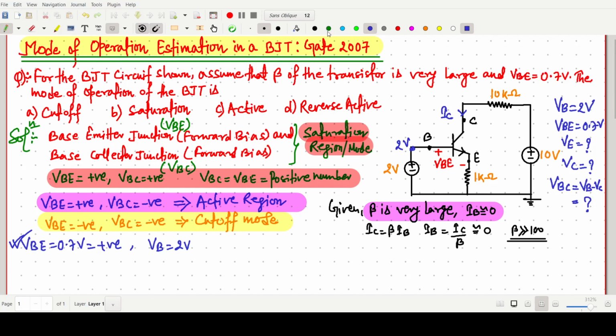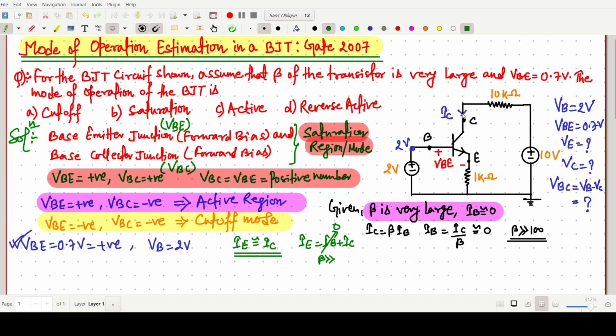So one can write IE equals IC because IB is 0. As the fundamental formula, IE equals IB plus IC. So this IB will be 0 because beta is very high. So IE is nearly equal to IC.